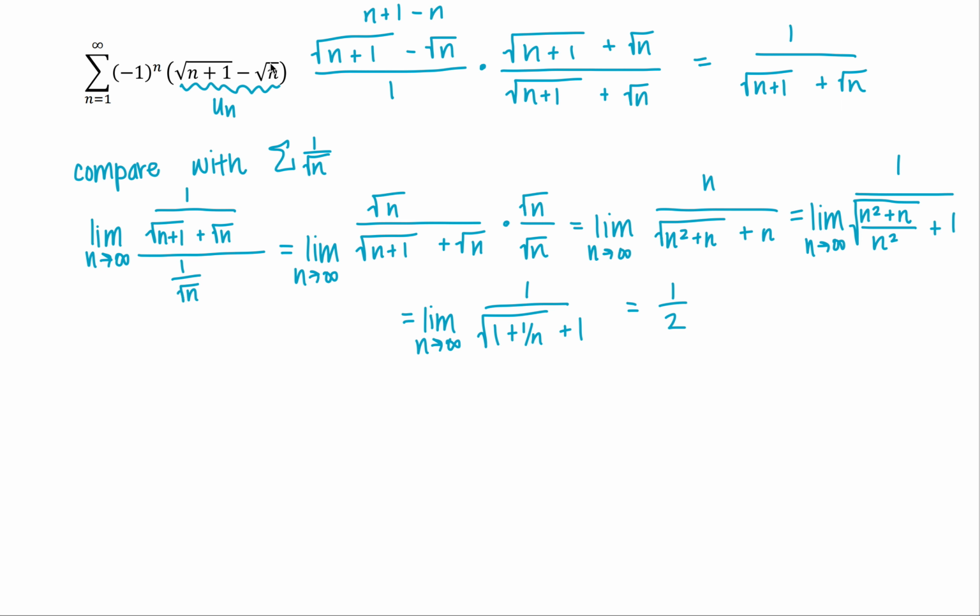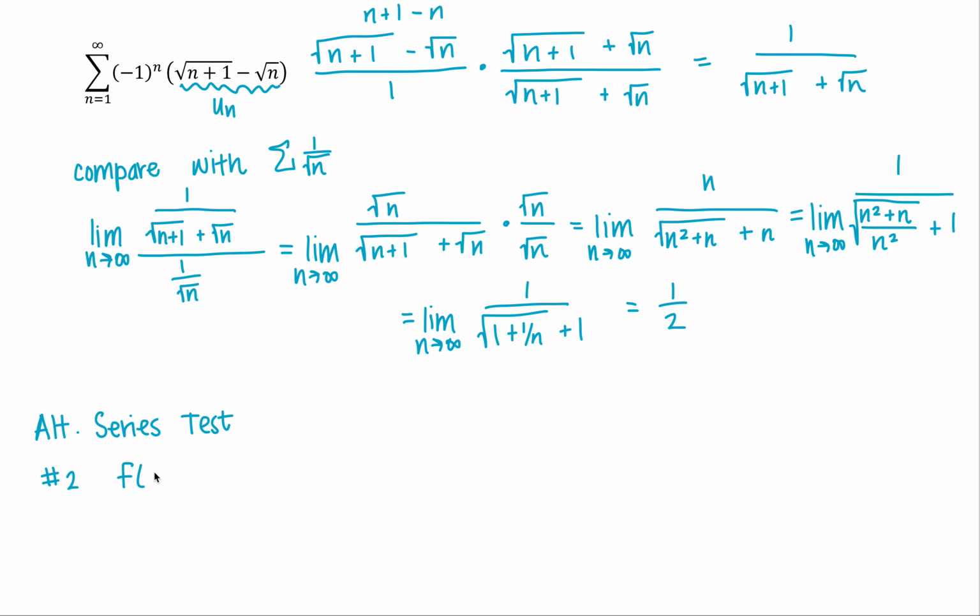For the second criteria, that it is going to be non-increasing, I'm going to show it to you with the function and taking the derivative of the function. So I'm looking at number 2 on the alternating series test.